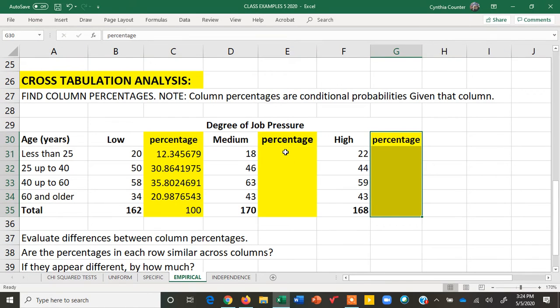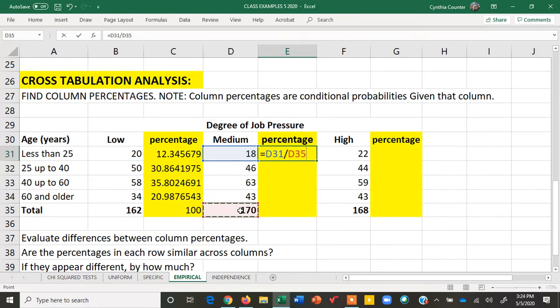So let's find the column percentages for medium job pressure. So that equals 18 out of the 170 total. I will click the F4 on my PC to insert the dollar signs so that stays fixed when I copy the formula, times the 100 to change it into a percentage.